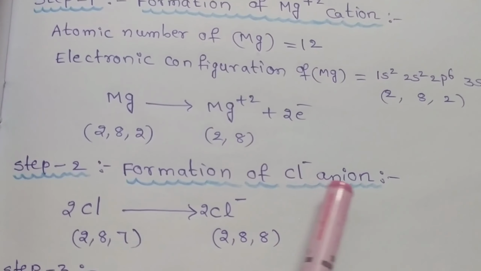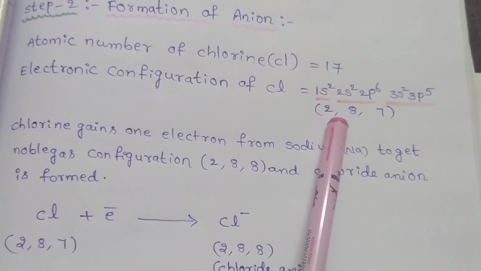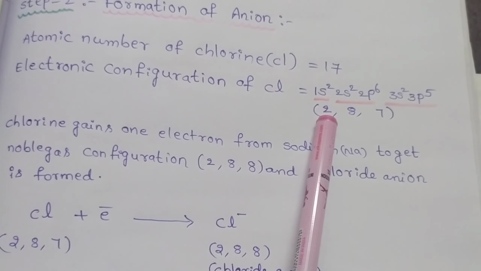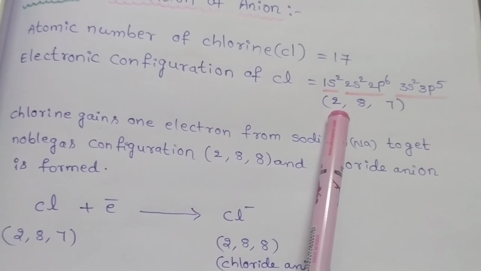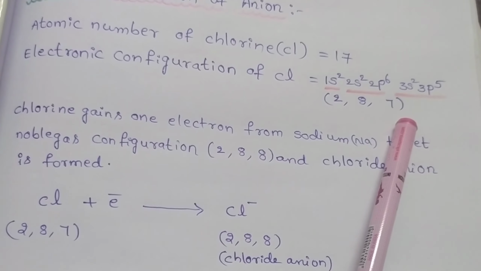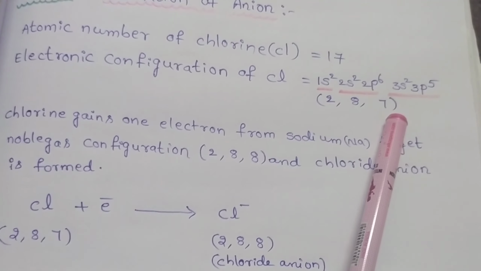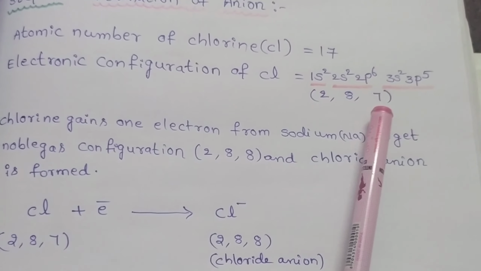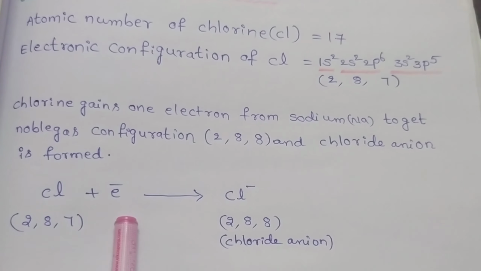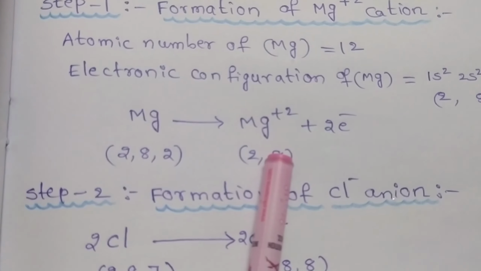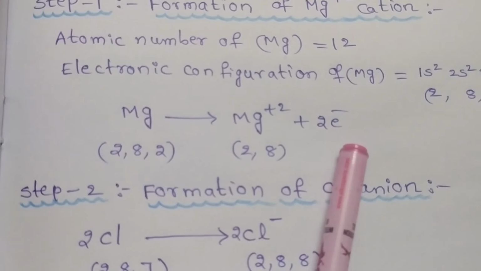The atomic number of chlorine is 17 and its electronic configuration in short notation can be written as 2, 8, 7. In order to get 8 electrons, the chlorine will gain 1 electron which is lost by the magnesium. Here the magnesium loses 2 electrons.